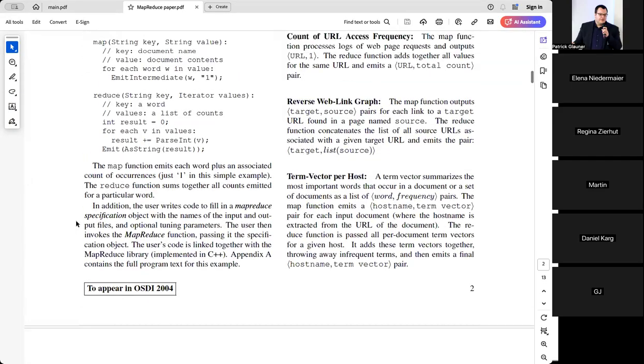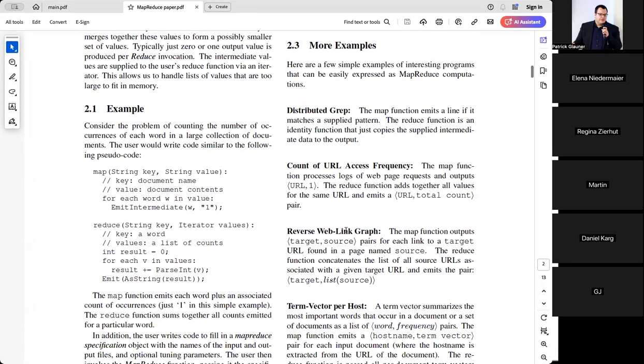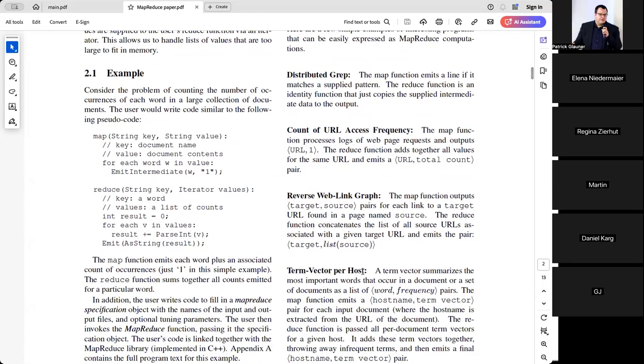But when you read the paper, there are more examples of what you can use it for: count the URL access frequency, reverse web link graph, term vector per host.